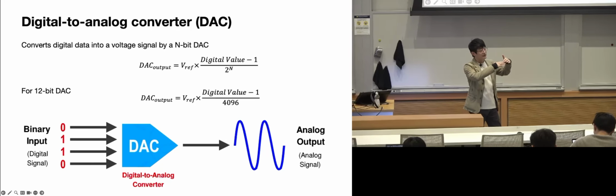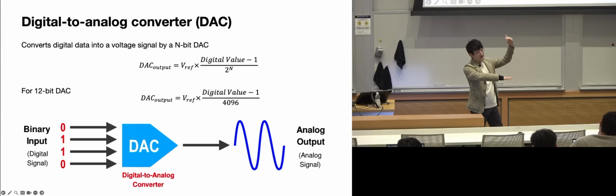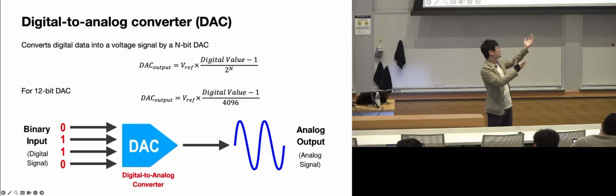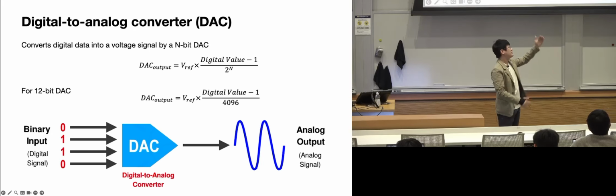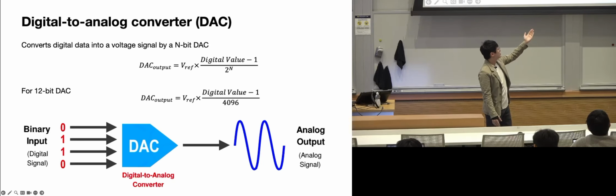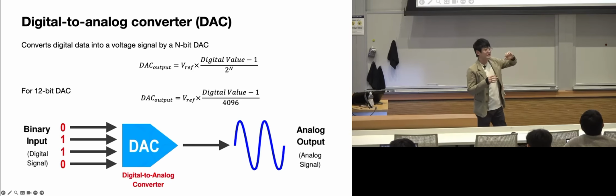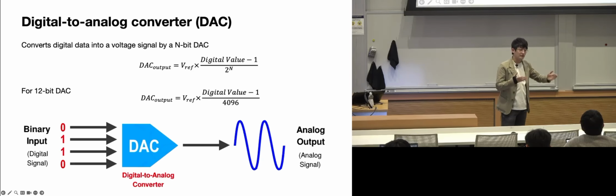You have to ignore either the 0 or the top voltage. Between these, they chose to ignore the top one. So the actual output will never really reach the V reference. It will always be one step away from it, but it achieves the 0 output. Yep.